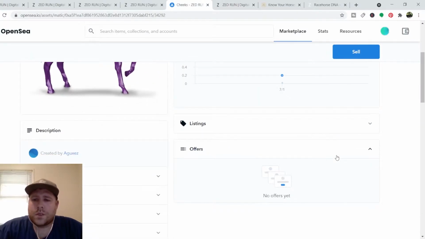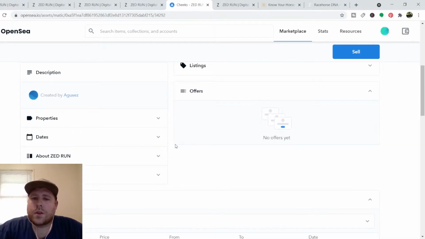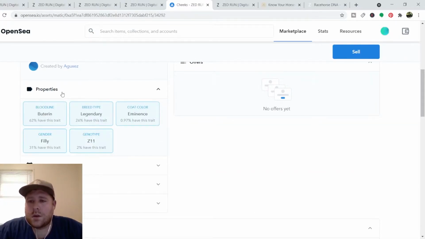While you're still on OpenSea, the other thing that you can look at is your properties. This is going to tell you your bloodline, your breed type, your coat color, and kind of break down the different percentages of all that kind of stuff. Right now, these percentages really don't mean a lot. I know in other NFT projects, especially when they have a definite amount, if there's only 10,000, if there's only 3,000, these trait percentages really mean a lot.